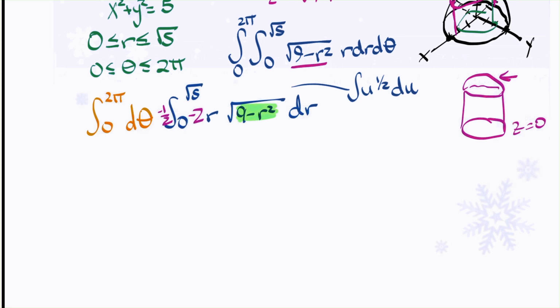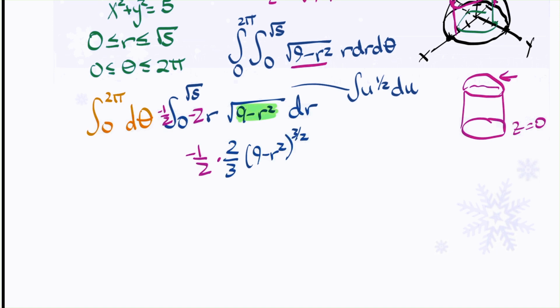Now we can take that integral, and what I get is 2/3 times 9 minus r squared to the 3/2. And then I have that times negative 1/2 from the negative 1/2 I had to multiply on the outside of the integral to account for getting that du to be negative 2r.